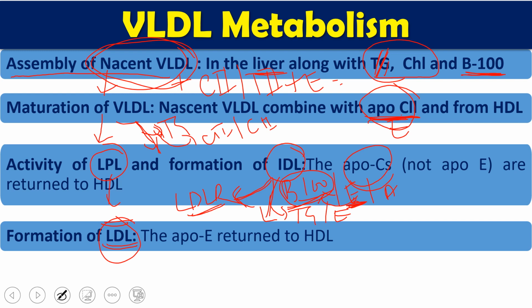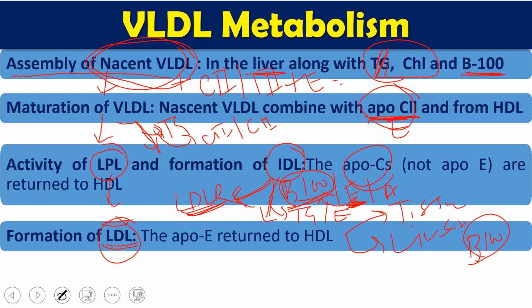This LDL again has two fates. Either it will go to the tissue or it will go to the liver. This LDL still has B100. B100 is the ligand for the LDL receptor, but this B100's affinity is very low. Why is affinity very low?